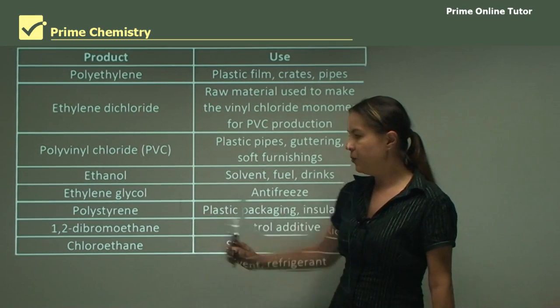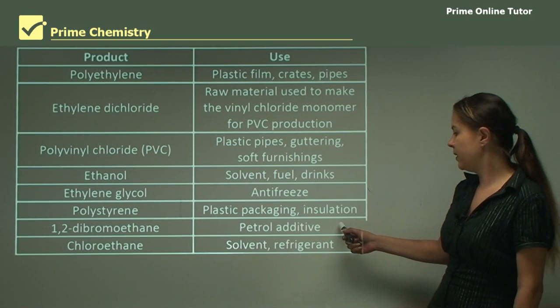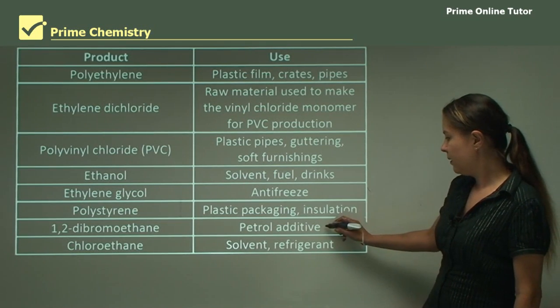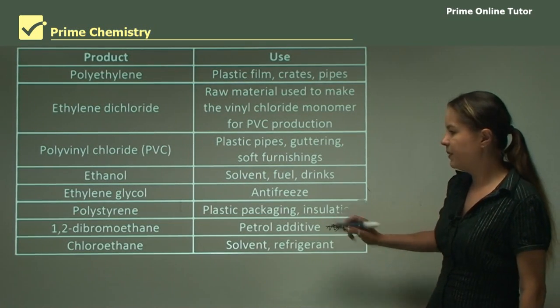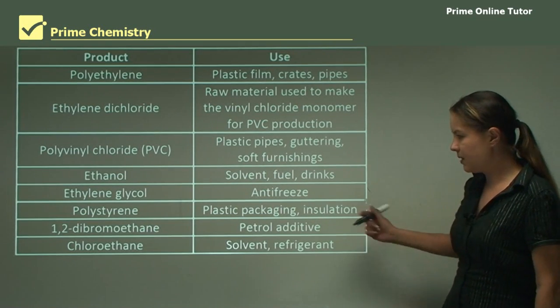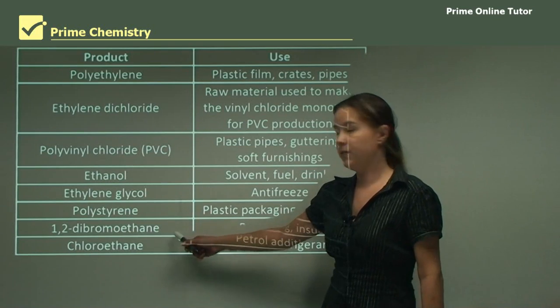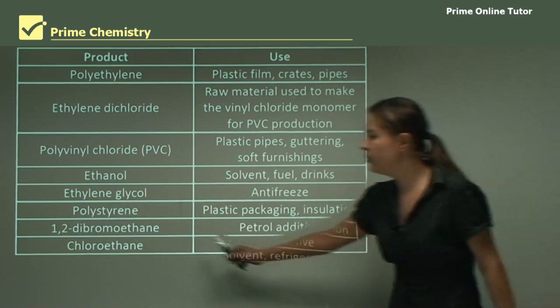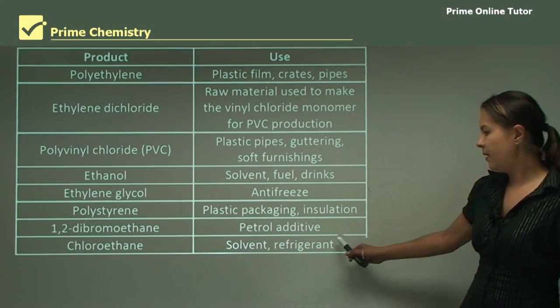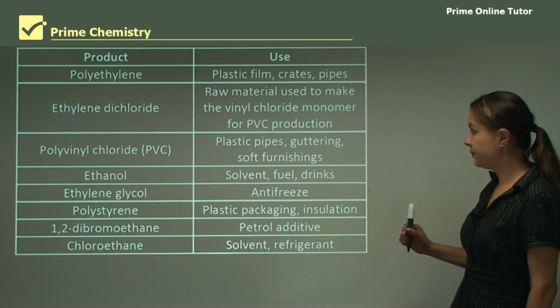We looked at 1,2-dibromoethane, which is a petrol additive, and chloroethane. These two are also solvents, organic solvents. So chloroethane as a solvent and also as a refrigerant, either in fridges or in cars.